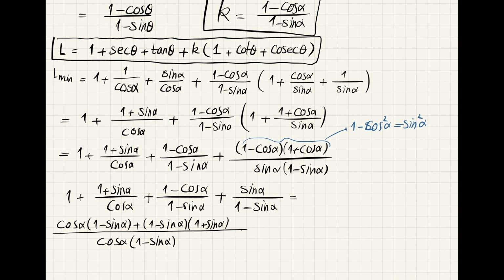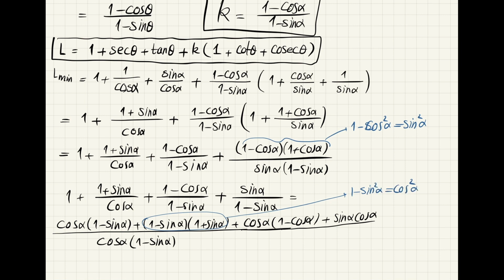The next one becomes cosine alpha times 1 minus cosine alpha, and finally the other one is sine alpha cosine alpha. Let us see how it goes. This expression is 1 minus sine squared alpha, which is cosine squared alpha. Let us multiply things in now.